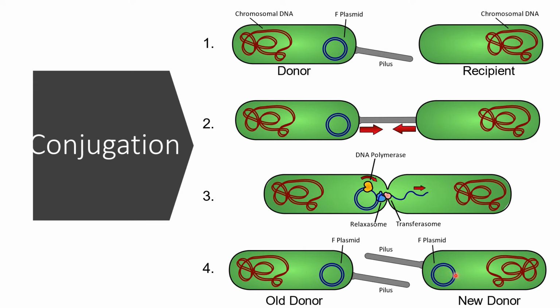Then this new recipient bacterium has this F plasmid and sex pilus transferred from the donor bacterium.